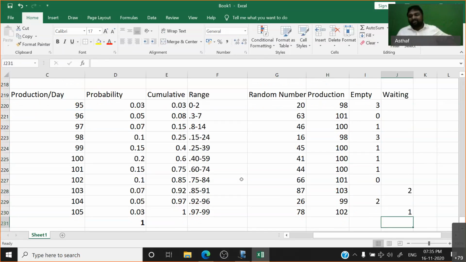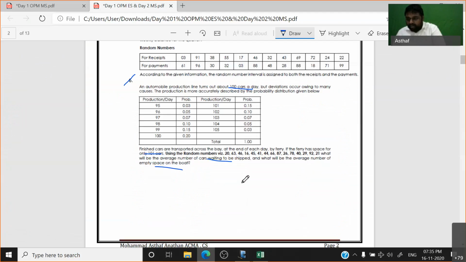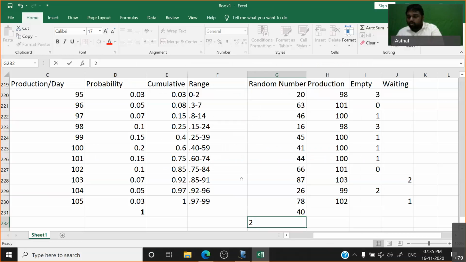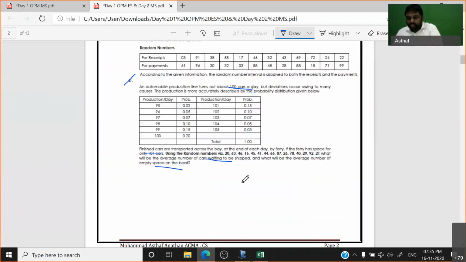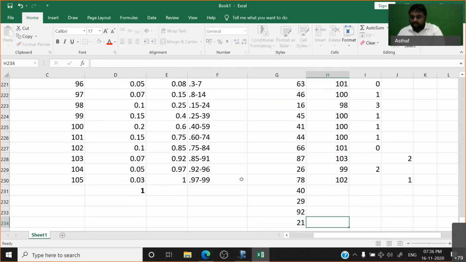So like that we have to do. I have not done all the numbers. We did only up to 80. If you want, I will do the rest of the items also. We have 40, 29, 92, 21. So 40 will come at which level? 40 is 100. 29 is 99. 92 is 104.